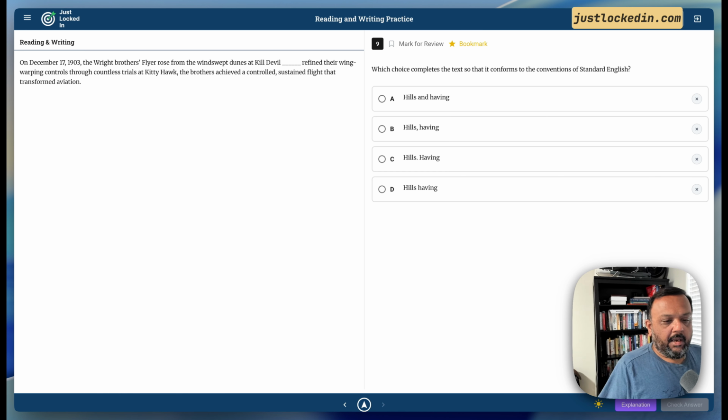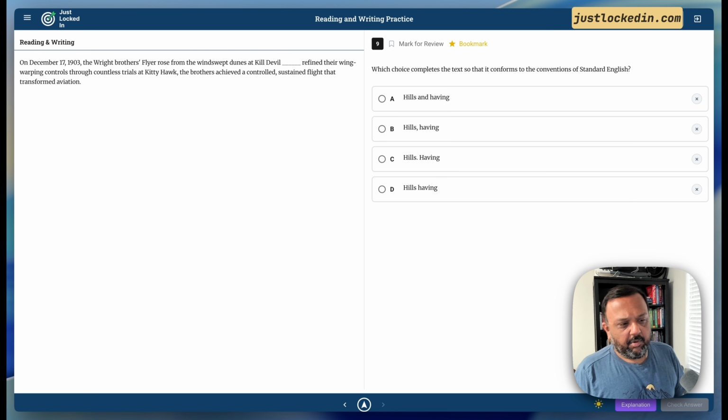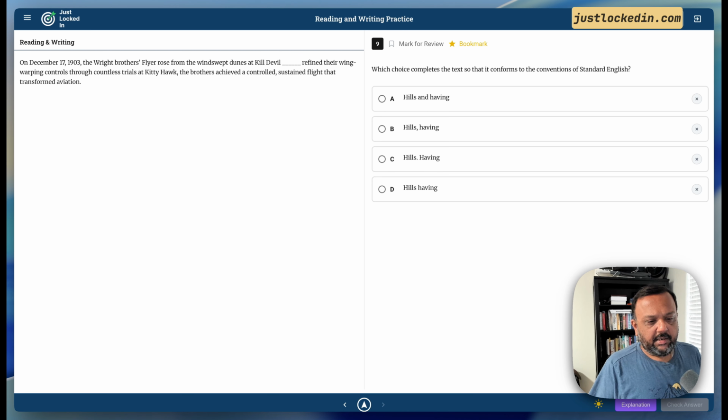Okay, so the flyer rose from the windswept dunes at Kill Devil Hills. This whole thing makes a valid independent clause. And then having refined their wind warping controls through and so on, this entire thing makes an independent clause as well. All right. Therefore, this is about joining two independent clauses.